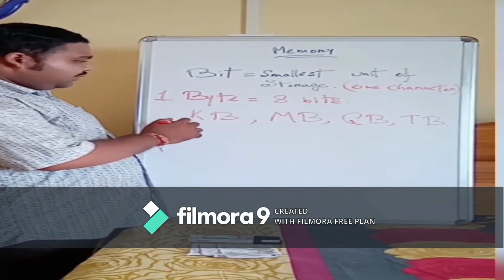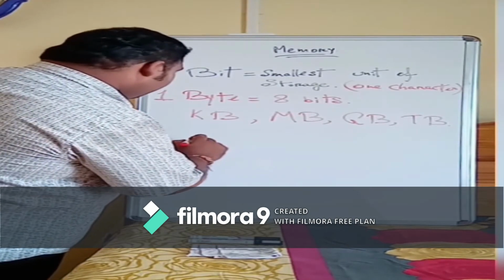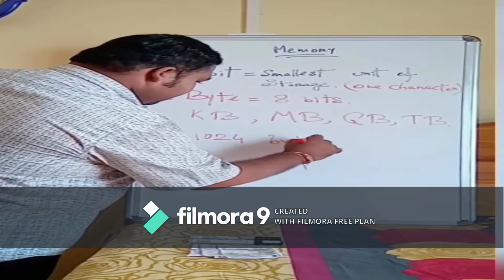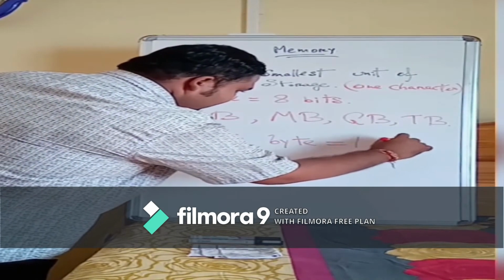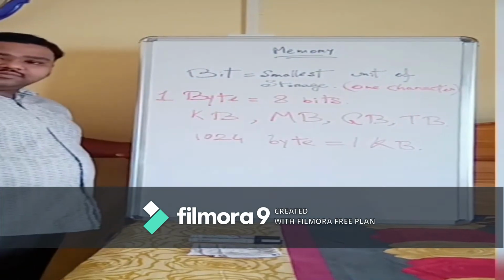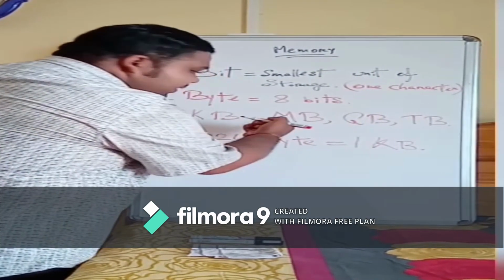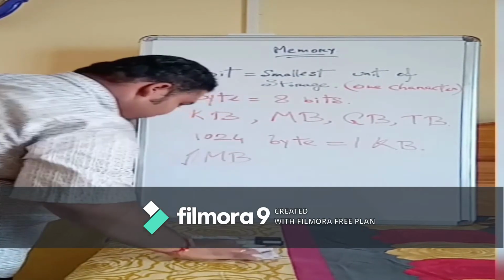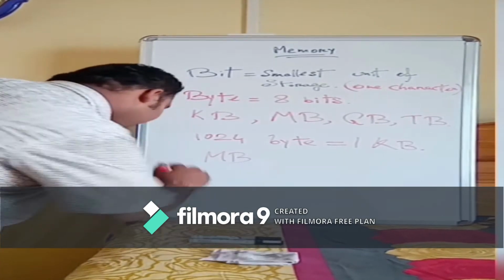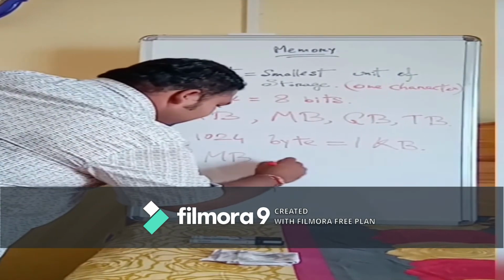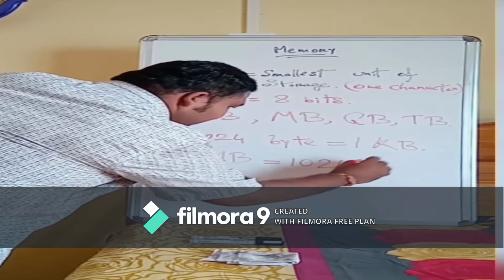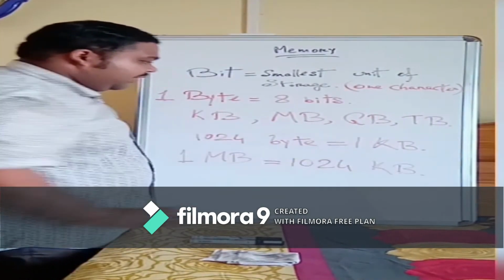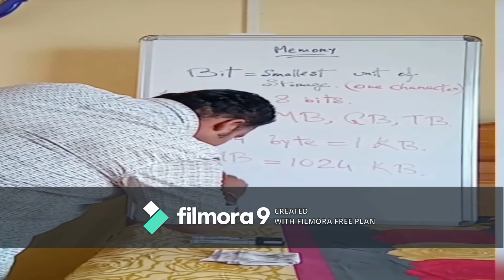Alright. Next comes kilobyte. 1024 byte equals to 1 kilobyte. Alright. अभी MB is megabyte. 1 megabyte is 1024 kilobyte. ठीक है, उस हिसाब से 1 GB.